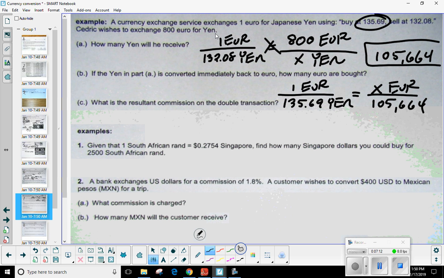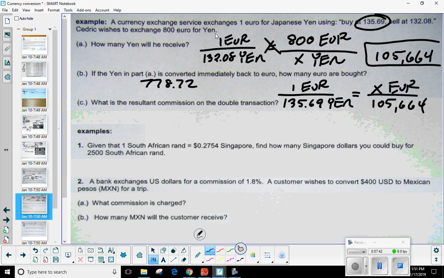Okay, so what should I be getting? How many euros? 778.72. Okay, there we go. That's what I got. So 778.72, and I don't know, like I said, the denominations over there. I'm just going to go ahead and keep it as a decimal because that's currency. Okay, but whatever their smaller denominations are. Okay, there you go. Is everybody okay with that?